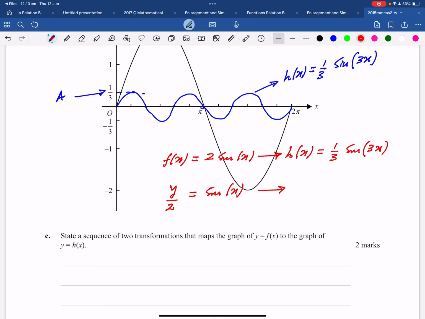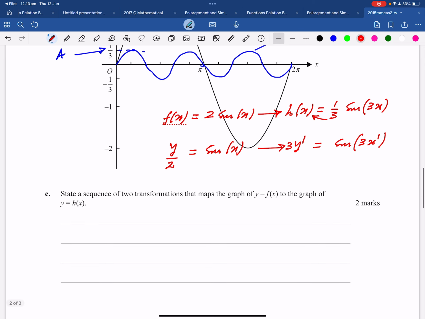Finally we are going to compare. This is y prime, because that's the image, and then I'm going to put 3 here, so I cross multiply, and it's going to be sin 3x prime. Now we compare this with this, and these two.